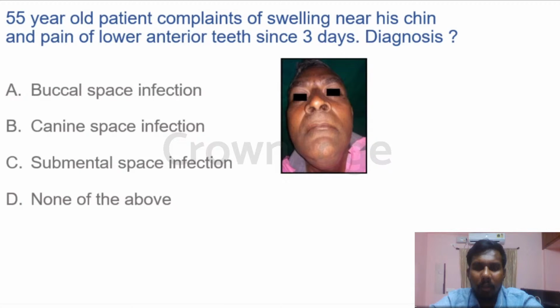Always read the question a couple of times. Take time to answer always. There is always a clue in the questions which we give in the examinations. So lower anterior teeth pain is there and swelling near the chin. The most probable answer is submental space infection.